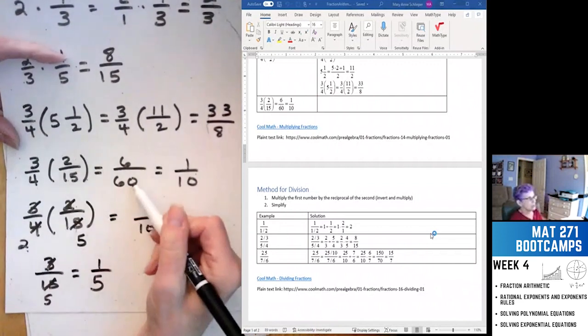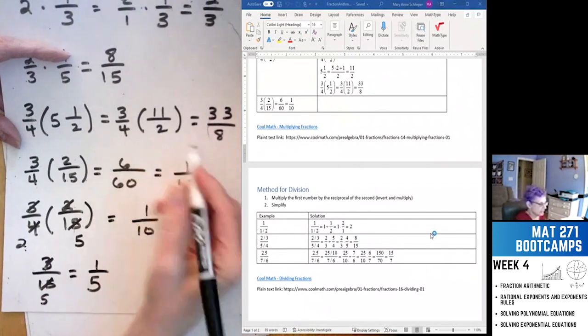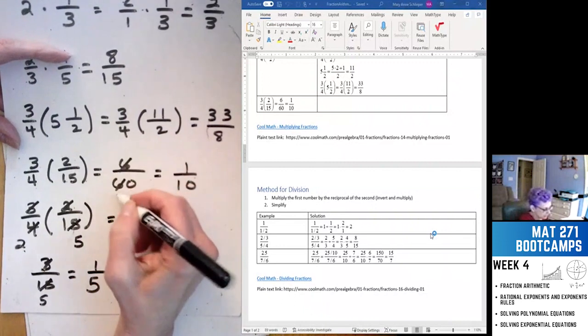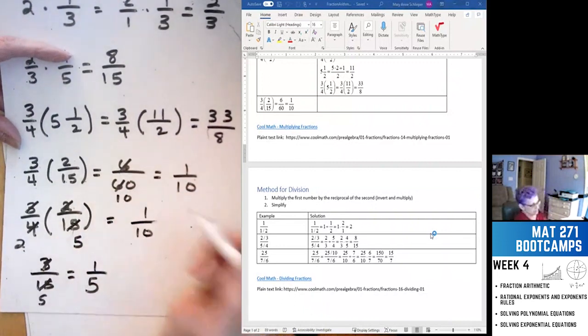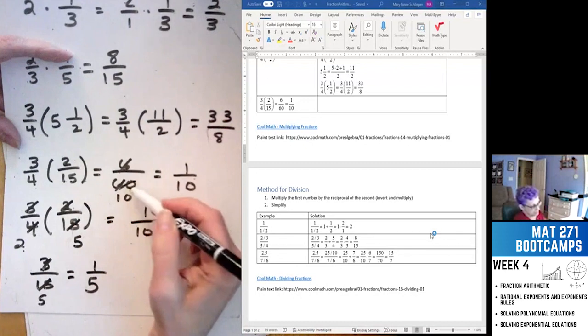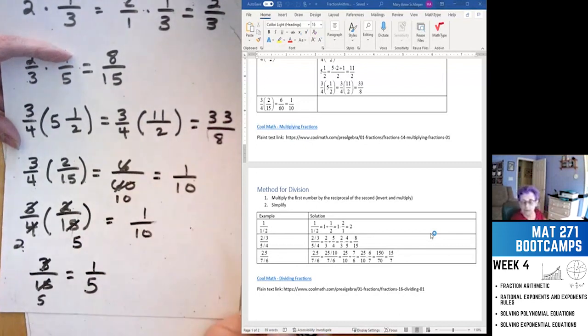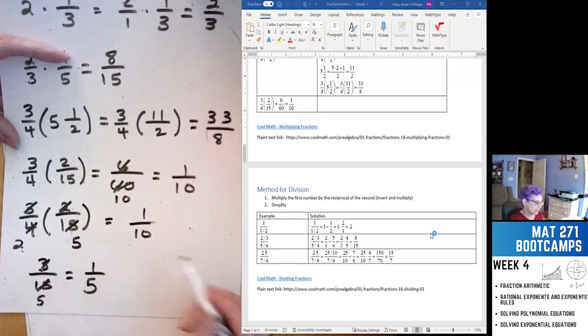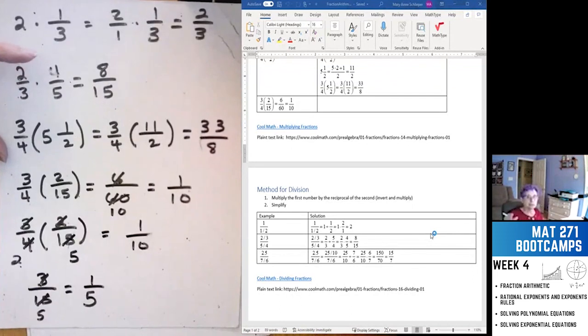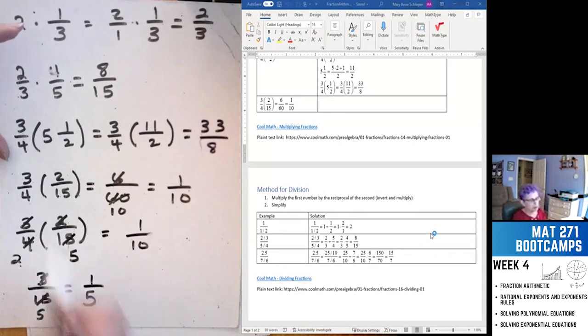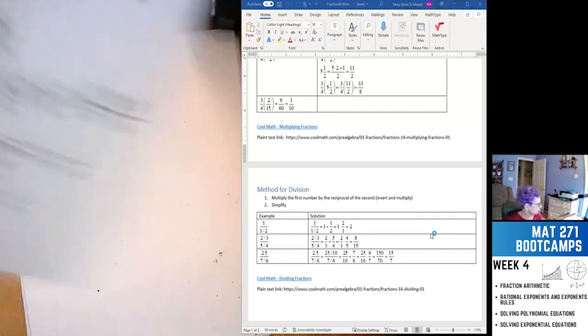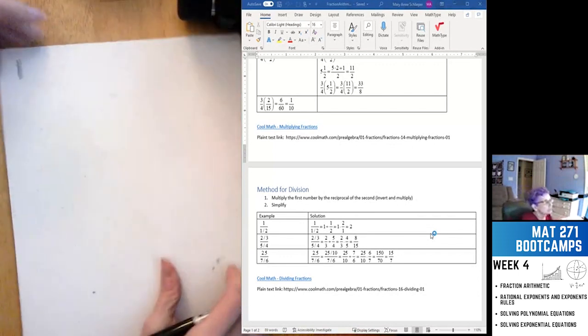Yeah, that's exactly what we did right here. We had 6 over 10, so we divided the 6 into the 60 and ended up with 1/10. So yes, you can, as long as there's no plus signs. That's when you run into trouble. As long as everything's just multiplied here, then you can mark things out and cancel things all you want. Okay, thank you. You're welcome.